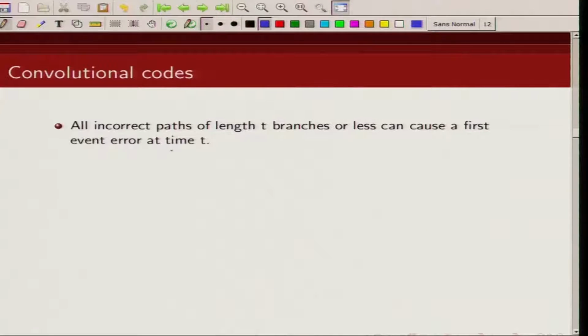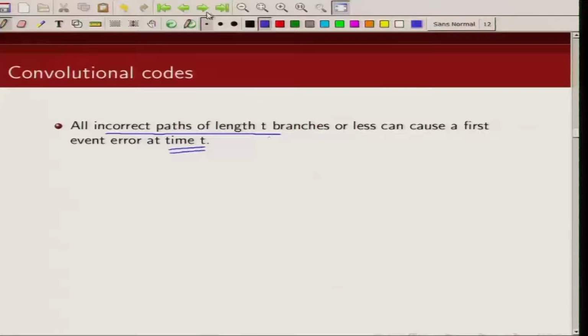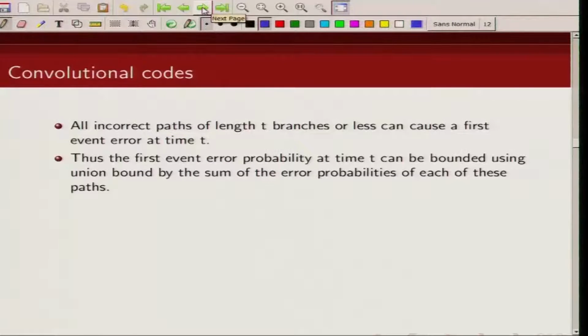Now, if we are looking at time t, then all incorrect path lengths of length t or less can cause a first event error. So, we would now use the union bound to essentially upper bound this first event error probability.